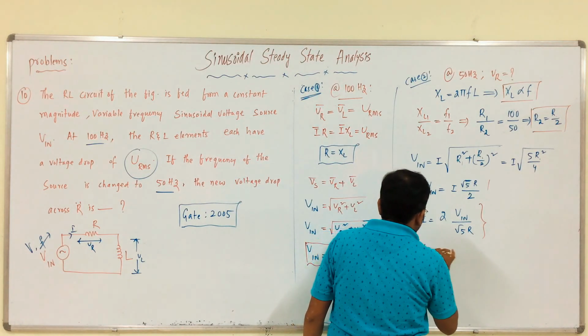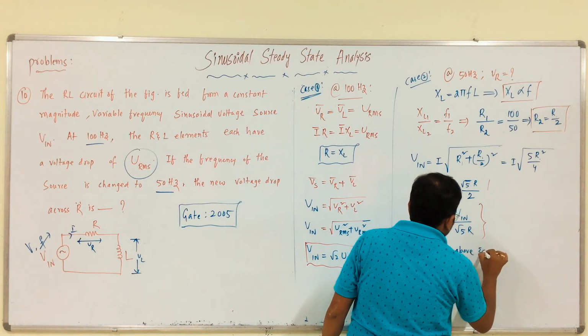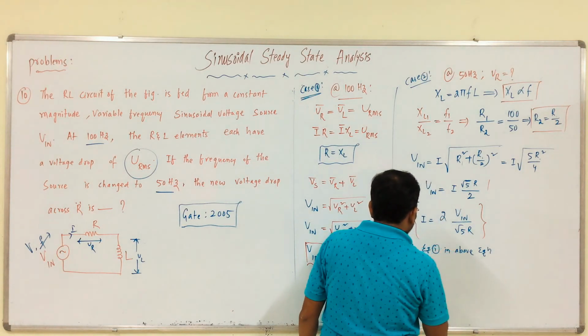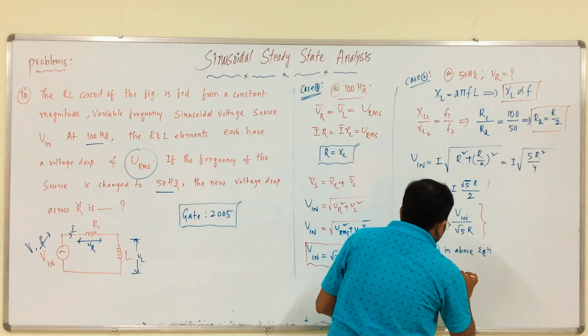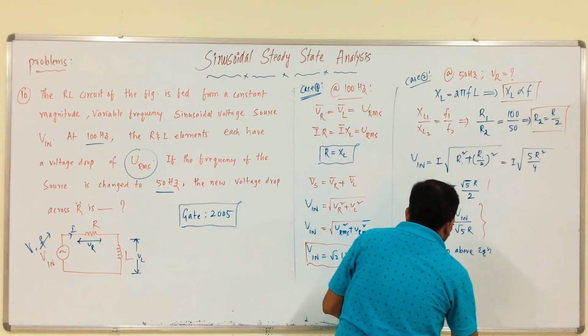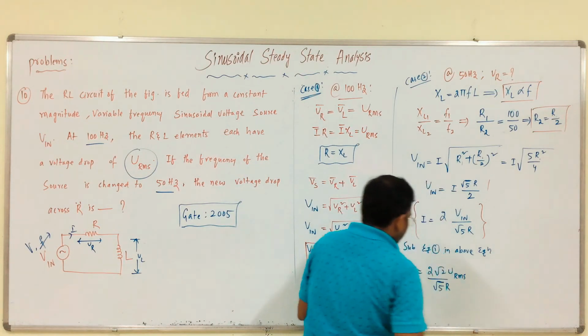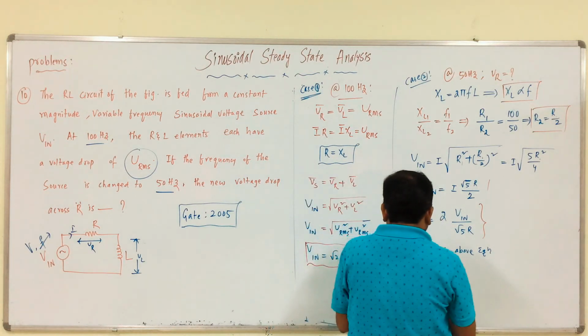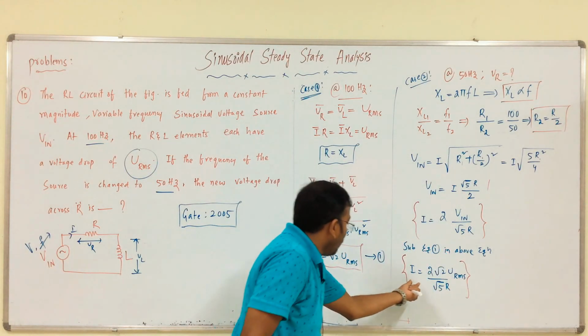Substitute equation 1 in the above equation. Therefore, I equals 2 root 2 URMS by root 5 into R. This is the value of I.